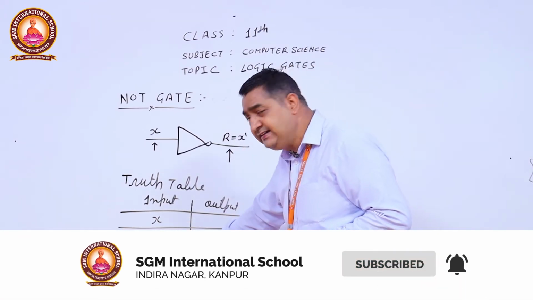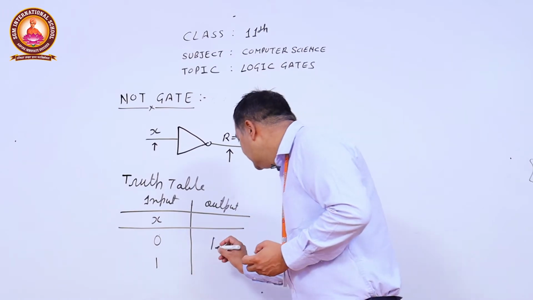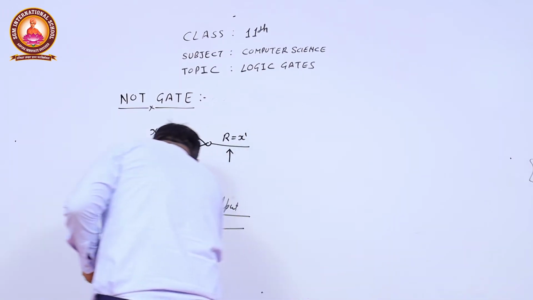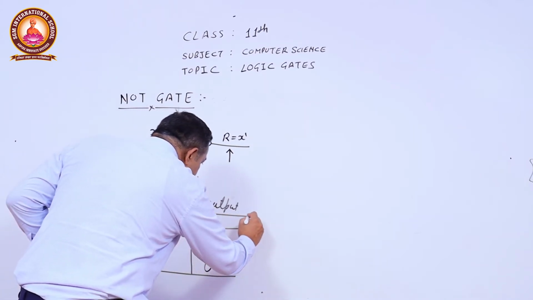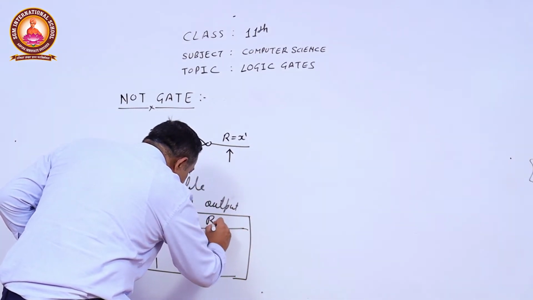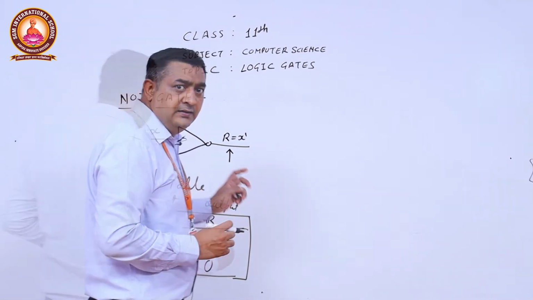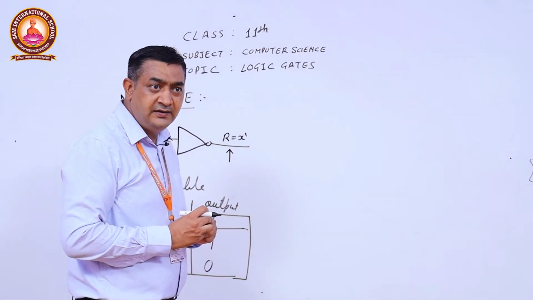If the value of X is 1, the output will be 0. This is the truth table of the NOT gate. Now output is represented by R. It is a description of the NOT gate.